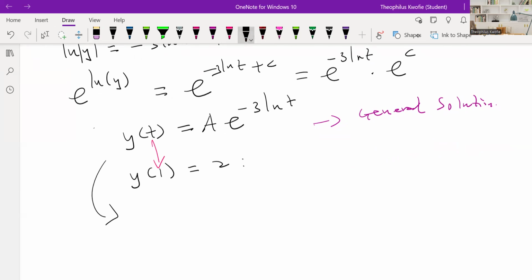Now, what it means is that y of 1 is equal to a multiplying e to the power minus 3 natural log of t, but t is 1 from the problem, which is equal to 2.